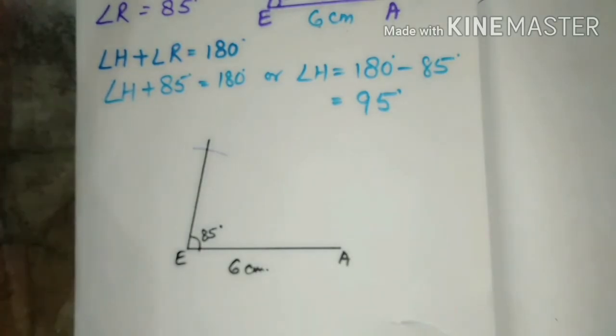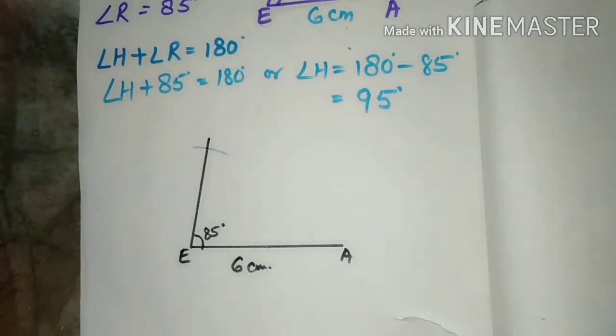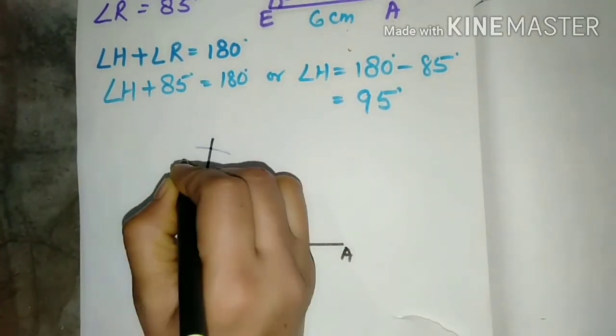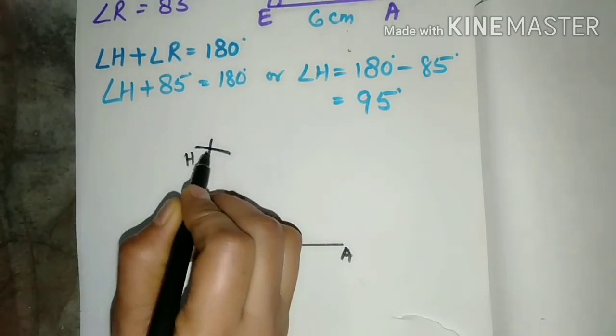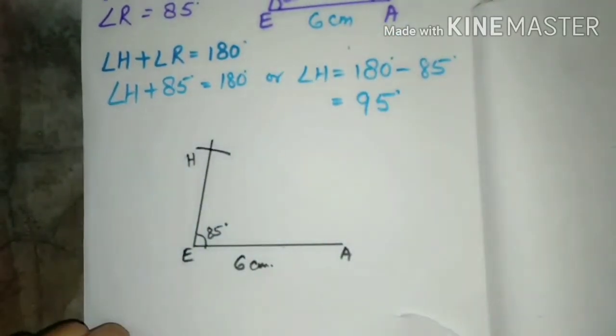Now again at this point you have to name this point as point H. H is 95 degree.